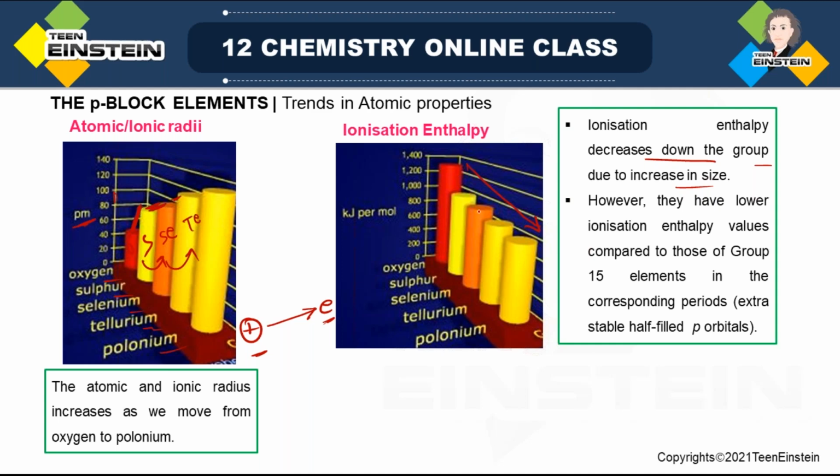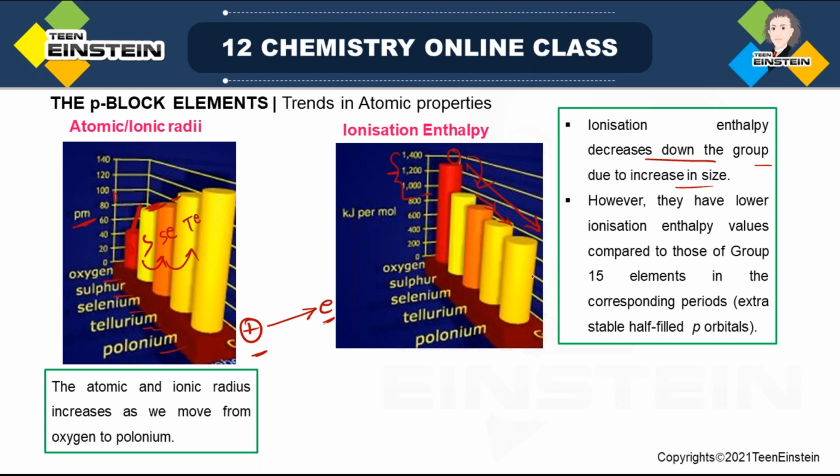But again the same thing. When you are moving from oxygen to sulfur, there is a difference of around 1400 minus around 1000, so this 1200 minus around this value 900. So the difference is very high. But the next, there is decrease, but again the difference is not very high.